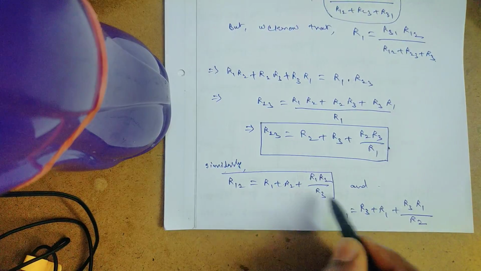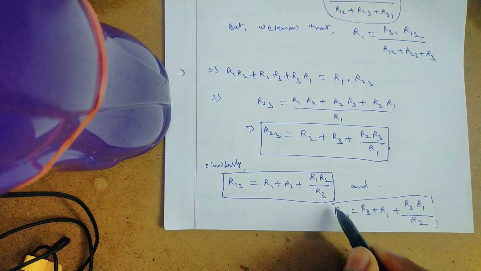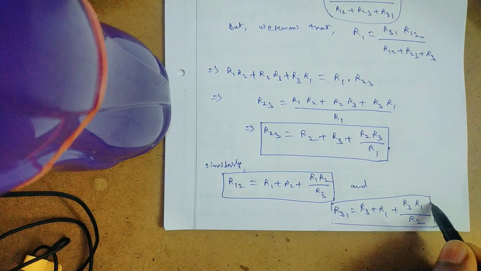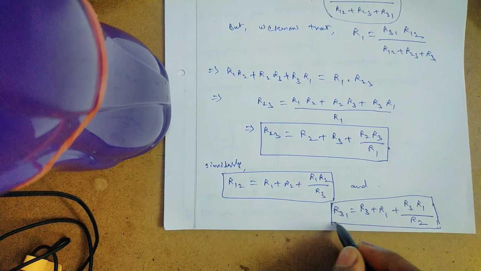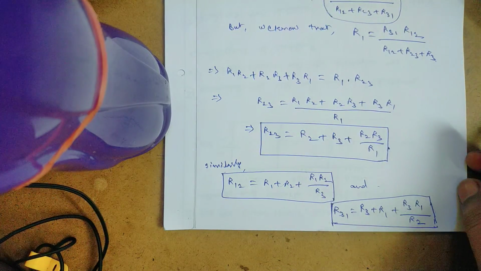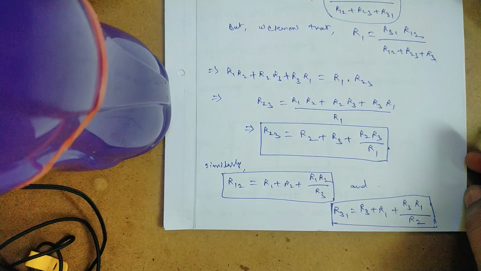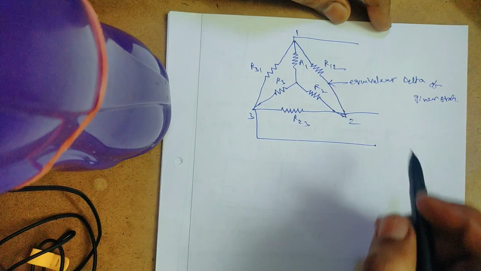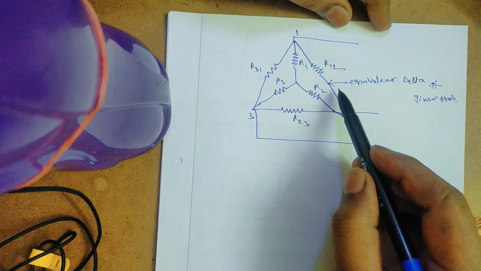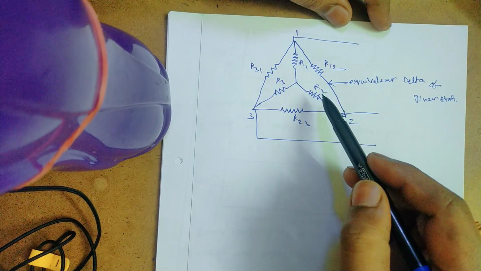These are the delta branches. R12, R23 and R31 are expressed in terms of star branches. Finally, we get the equivalent delta from star branches, the equivalent delta of this given star.